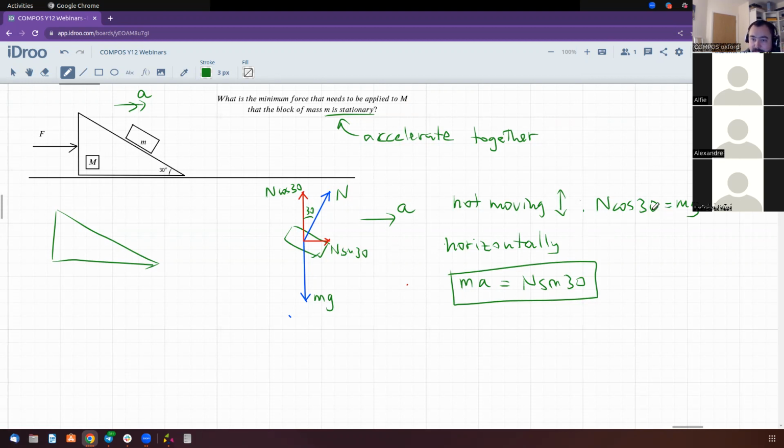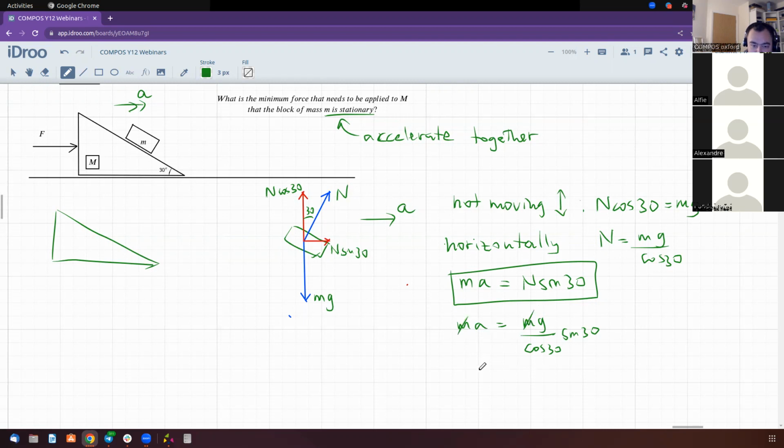And well, here you can figure out that N is equal to mg divided by cos 30. So you have ma equals mg divided by cos 30 times sine 30. Okay.